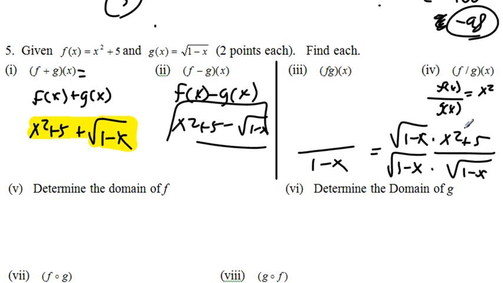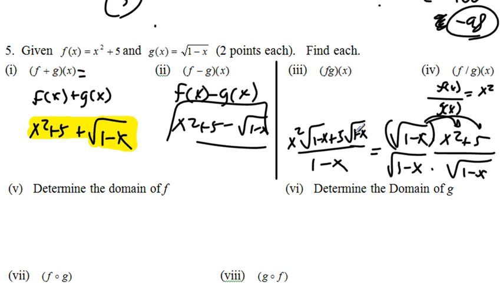And then up here, x squared plus 5 times this, that's the same thing that we got from the last problem. So if you multiply this times x squared and then this times 5, you would get this nice numerator right here. So the square root of x squared times the square root of 1 minus x plus 5 times the radical 1 minus x.